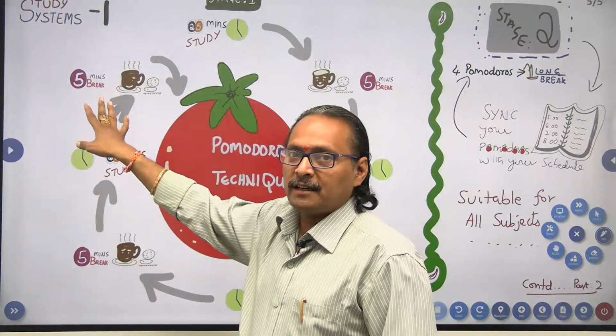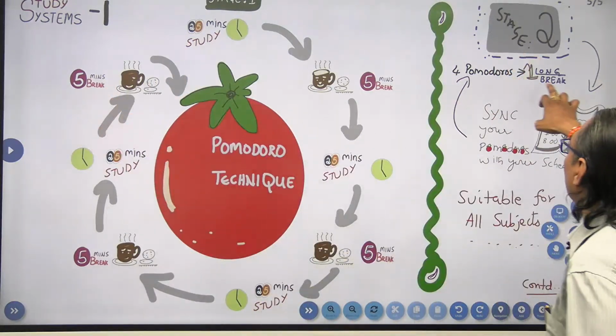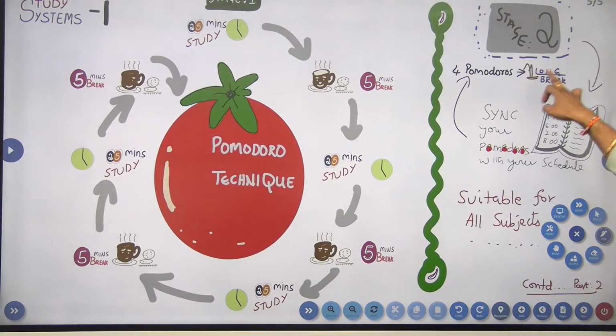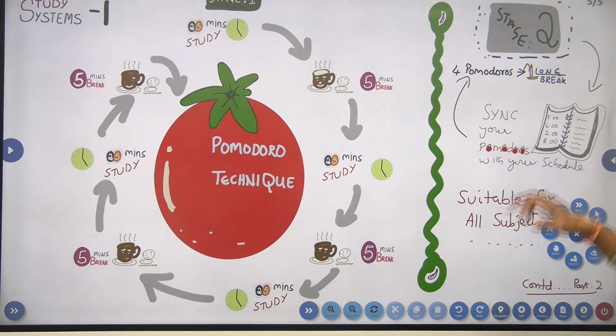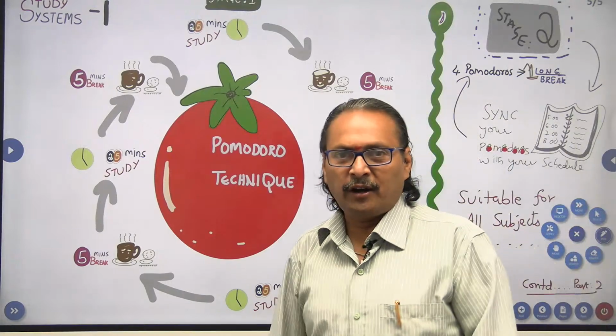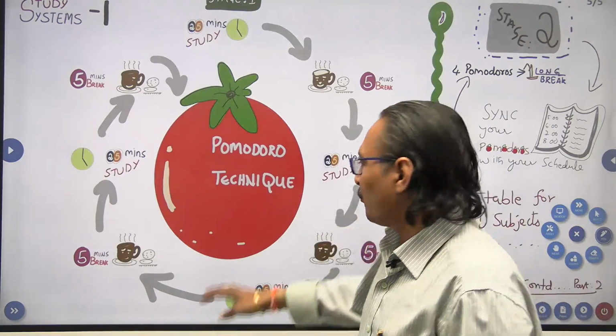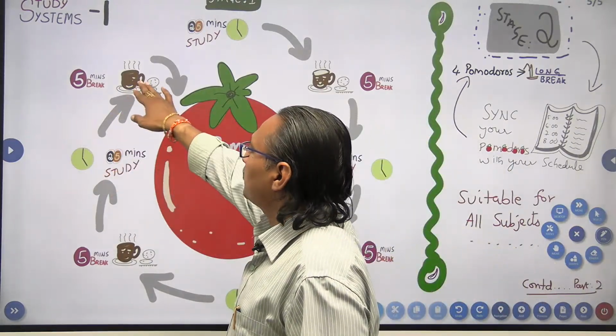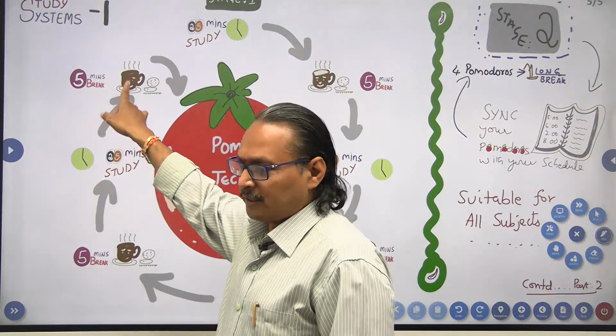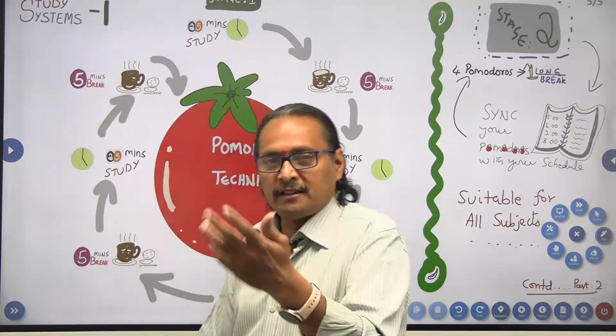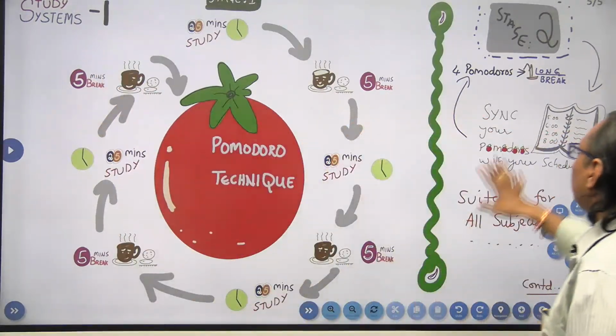Even though it is suggested like that, I feel after 4 Pomodoros, you go to stage 2, and then you take 1 long break. Take a big, huge break of some 20 minutes, 5 into 4, 20 minutes. The system says it is 5 minutes, but I just made it like that, so make it 20 minutes.